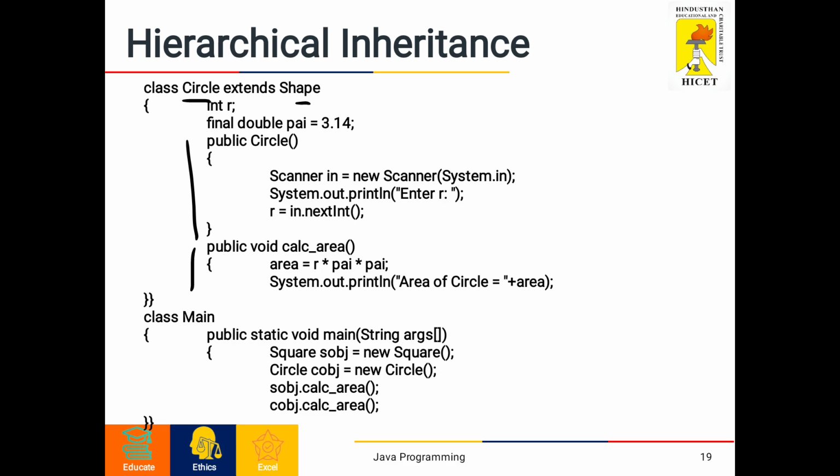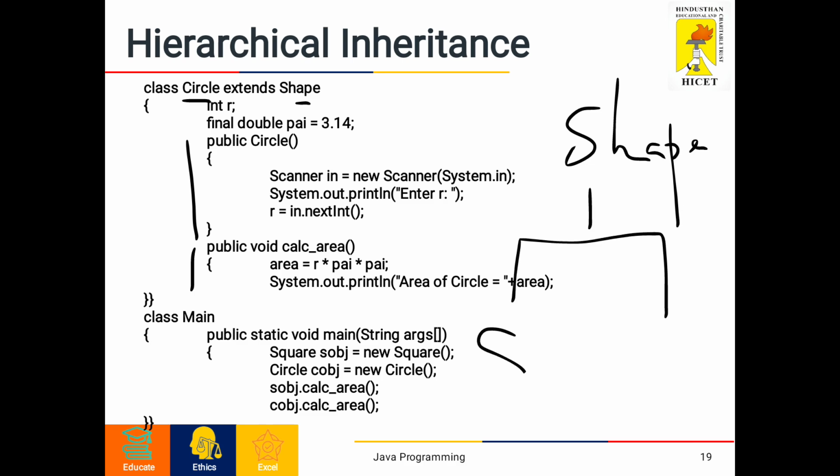So what are the two derived classes? Shape is the base class. From shape, two classes are derived. One is square, the next one is circle. So two derived classes, square and circle. For these two derived classes, we will be creating objects.